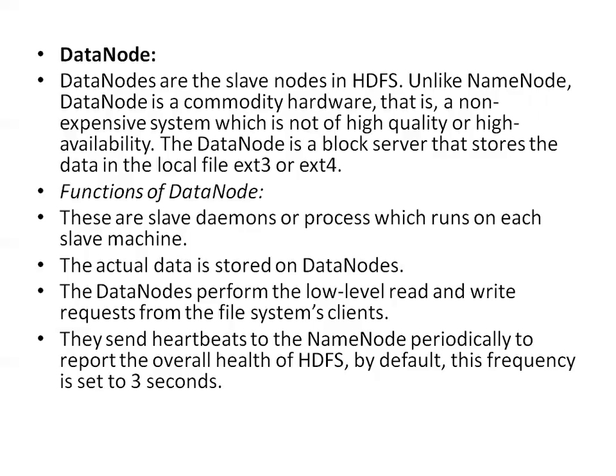That is called a heartbeat. So there is always communication between the master machine, the name node, and the slave machines, the data nodes. The name node should know whether the data node is alive or not. Why?